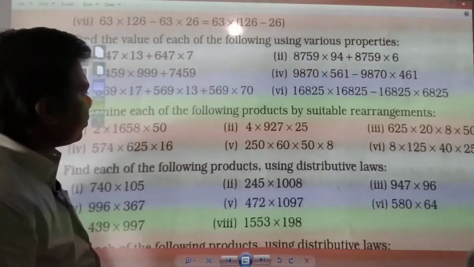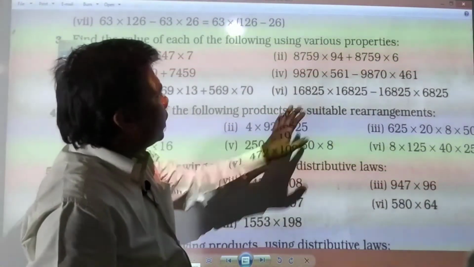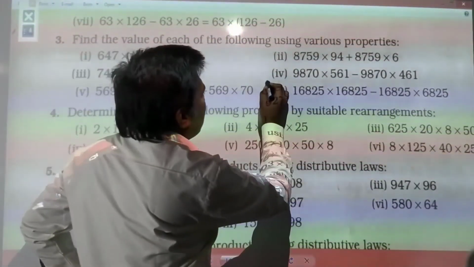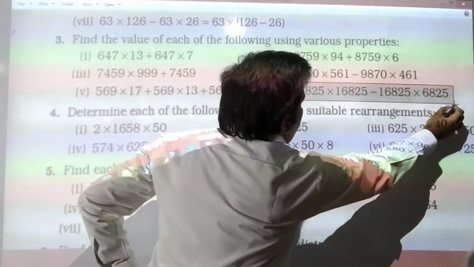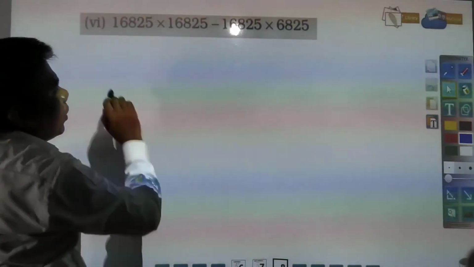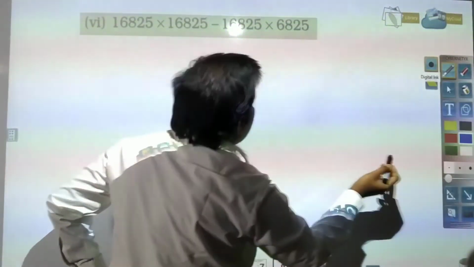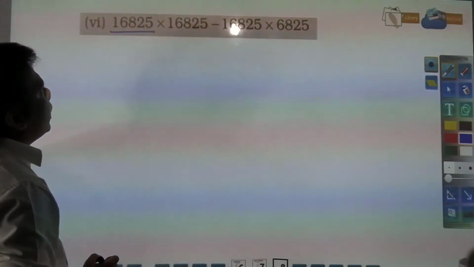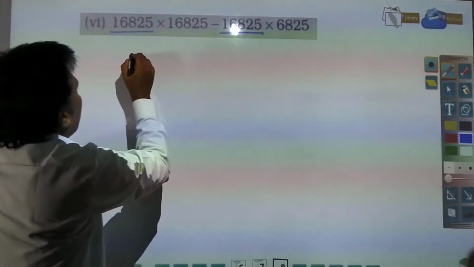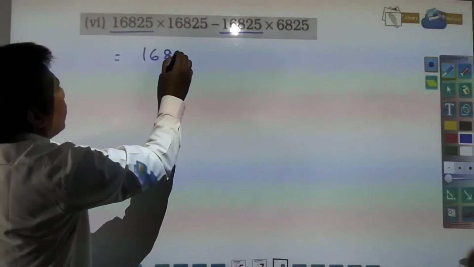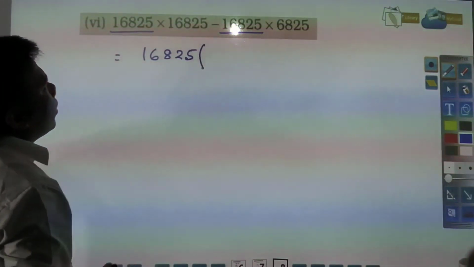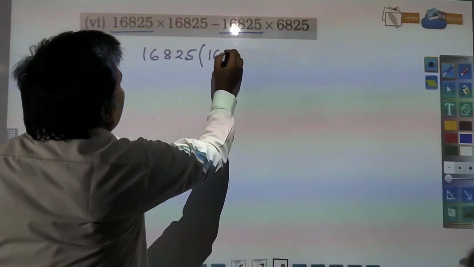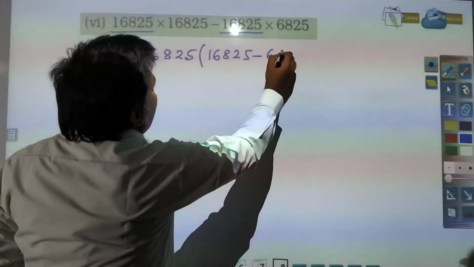Then you have this one, the same rule will be applied over here also. You see, you have common 16,825. So if you take out common 16,825, you will be left with 16,825 minus 6,825.